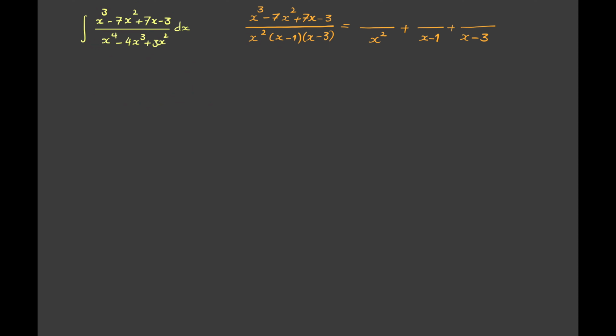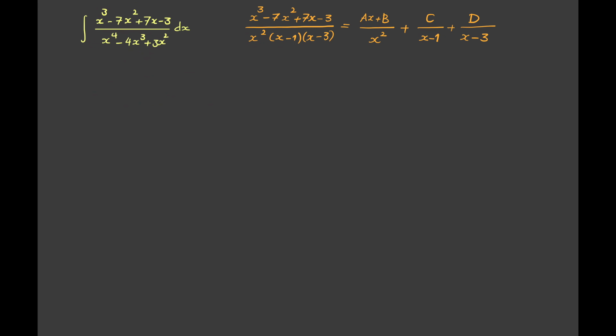The degree of this one is 2, so we have to write the most general first degree polynomial here, and that is a times x plus b. And here we have a first degree polynomial, so we should have a constant number here, c, and another constant number here, d. Now my goal is to find a, b, c, and d.